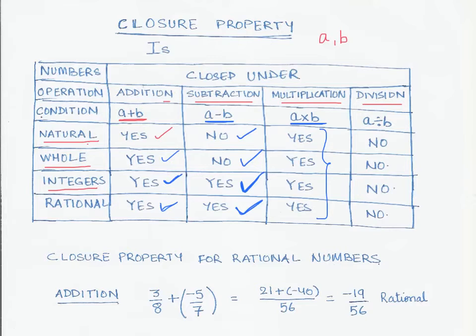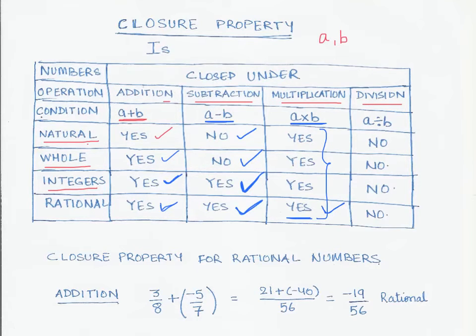If we take rational numbers, you can take any two rational numbers and prove it for yourself, and we will actually be doing an example in the next video. Whenever you multiply any two rational numbers, the result is always going to be a rational number, and hence we conclude that rational numbers are closed under multiplication.